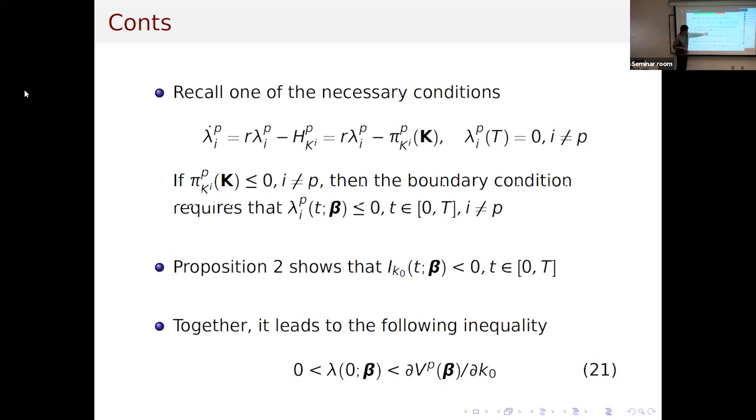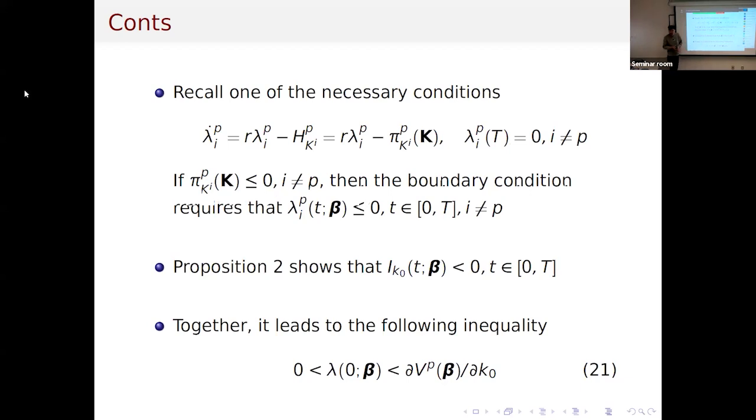If this is true, then we can establish that the lambda is always less than the shadow value of the capital. Actually, this was a totally unexpected result at the beginning. When we got to this point, we saw that we can establish this claim.